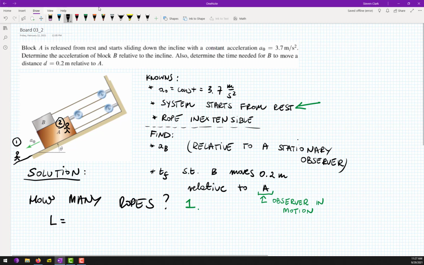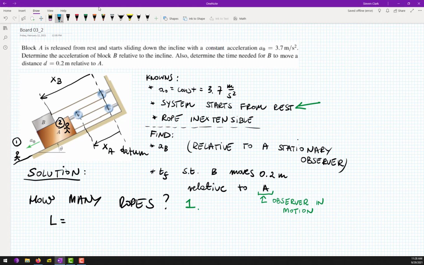Let's put our datum here. This is our datum. And I think we can define this thing as XA and this thing as XB.